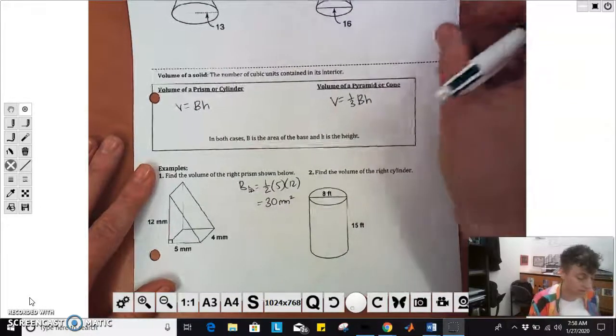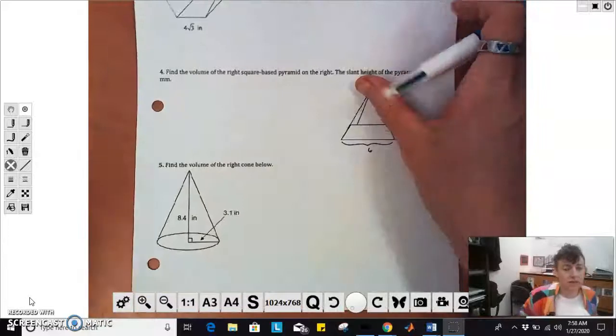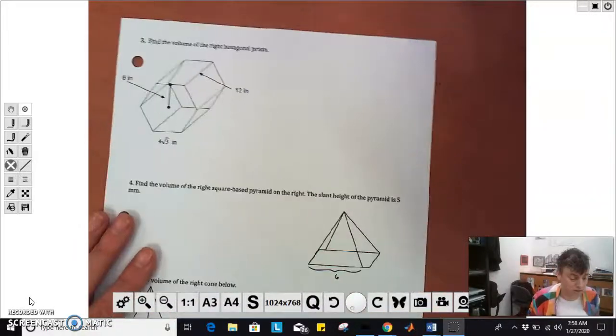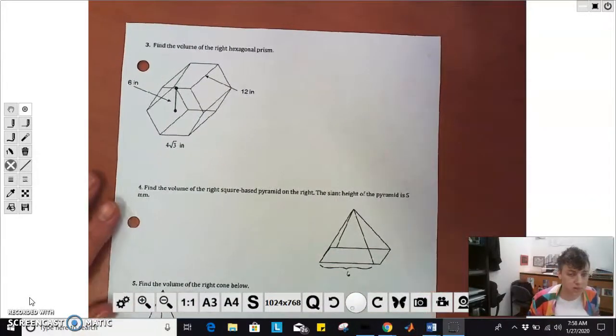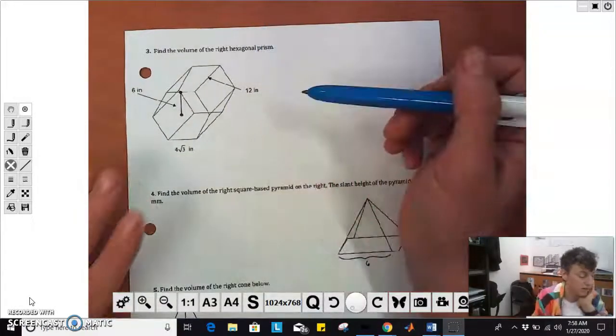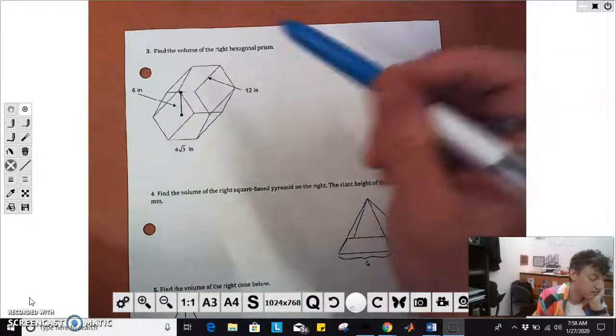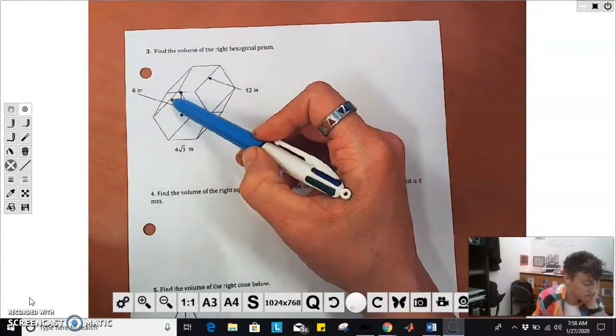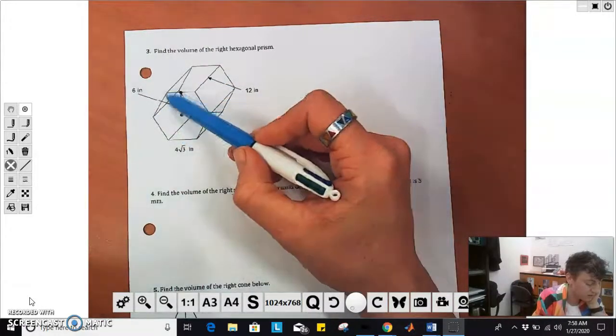You're doing awesome. I want to get to this last one here, which is a little bit different. Find the volume of this right hexagonal prism. So this is the base we haven't talked about yet. A base of a hexagon.